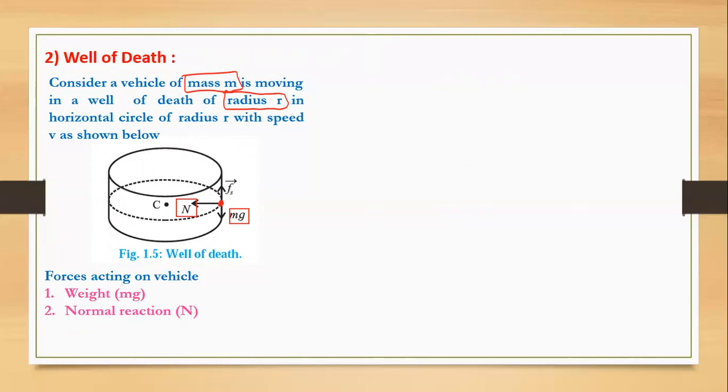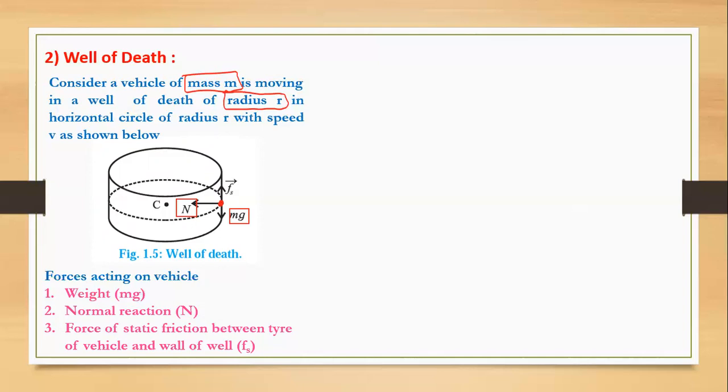Normal means perpendicular, so this is perpendicular to the surface of the well of death, that you remember. After that, the third force is the force of static friction between the tire of the vehicle and the wall of the well.